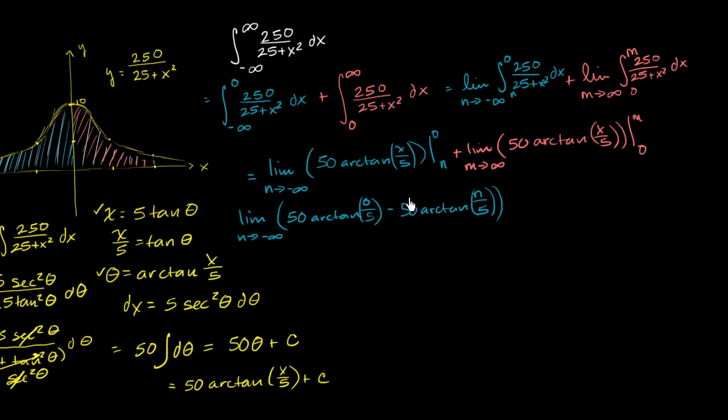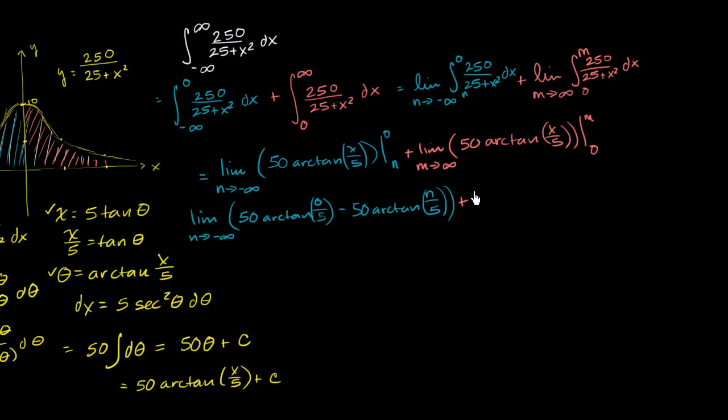And then to that, we're going to add the limit as m approaches infinity of 50 arctan of m over 5 minus 50 arctan of 0 over 5. So now we can evaluate these things.